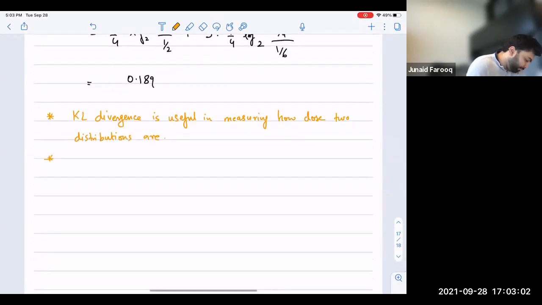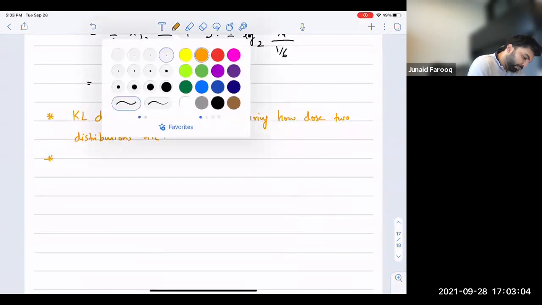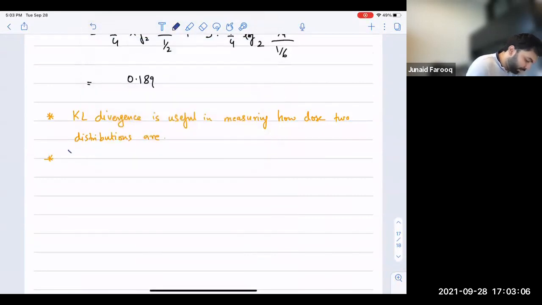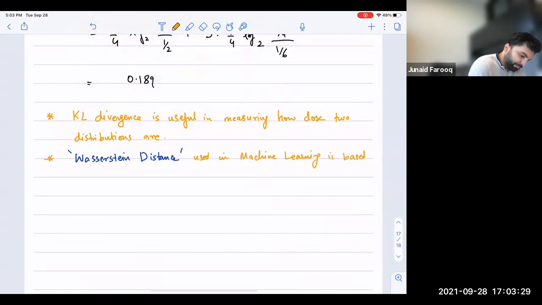So something called the Wasserstein distance, which is used in machine learning, is based on KL divergence.